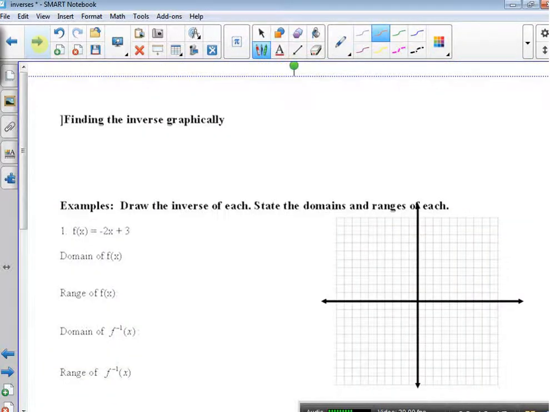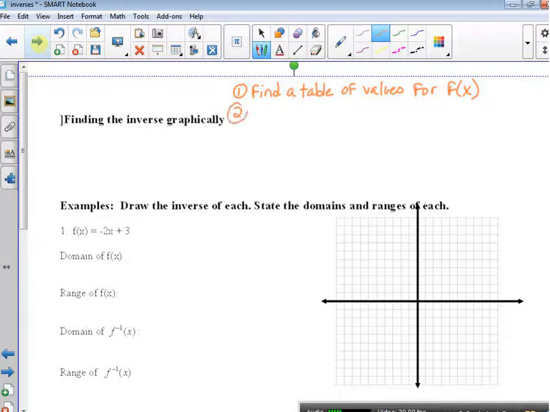Next, we're going to talk about finding the inverse graphically. So to find the inverse graphically, I list out like 3 things. The first one is I find a table of values for f of x, or g of x, or h of x, or whatever.